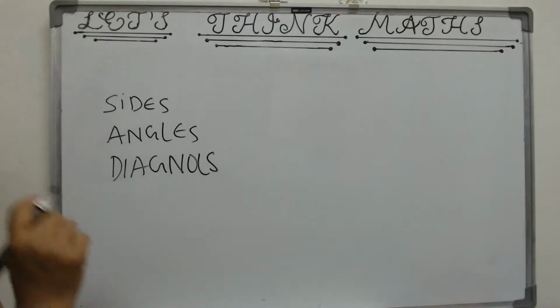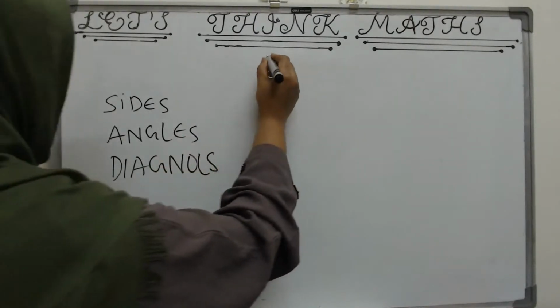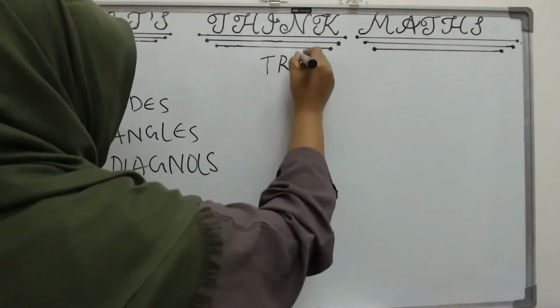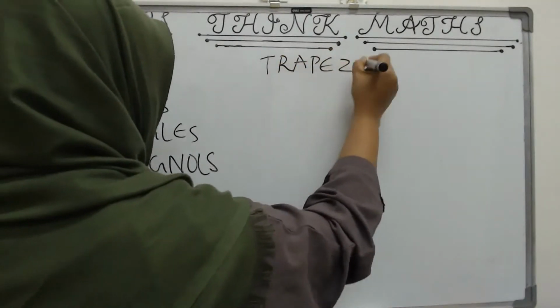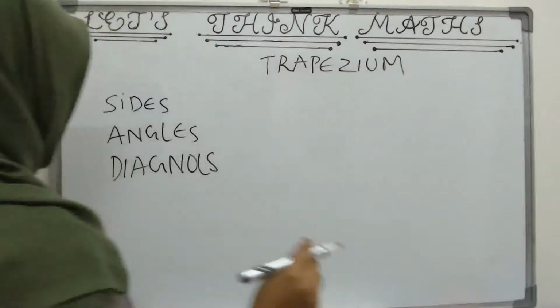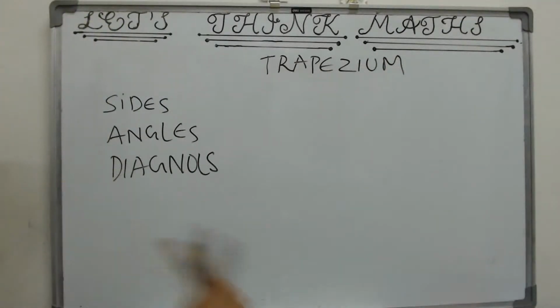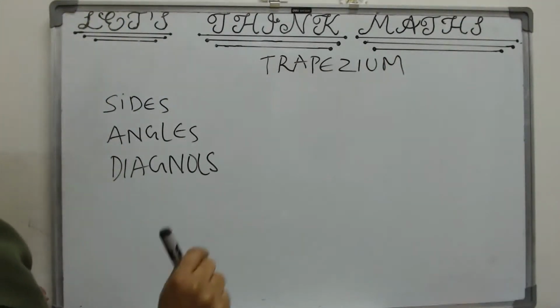Now we will start with a basic kind of quadrilateral, which is called a trapezium. A trapezium is a quadrilateral whose one pair of opposite sides are parallel.